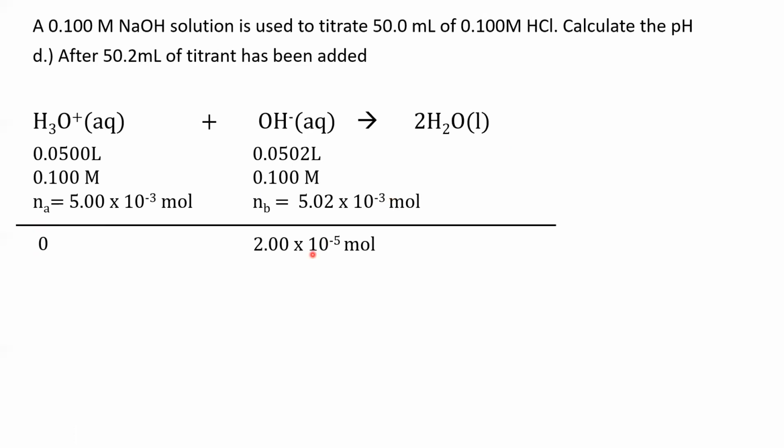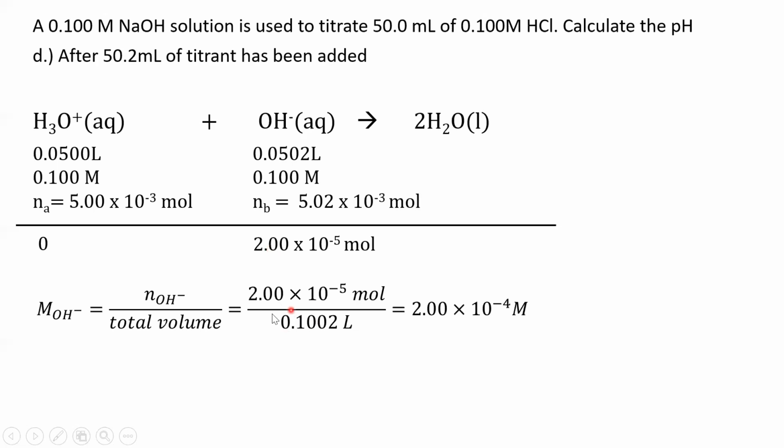If we want to calculate the pH of the solution, we're going to figure out the molarity of the hydroxide ion that's left in the solution. From that, we can figure out the pOH, and then we can figure out the pH. But we have to remember again that the volume is the total volume in the container.